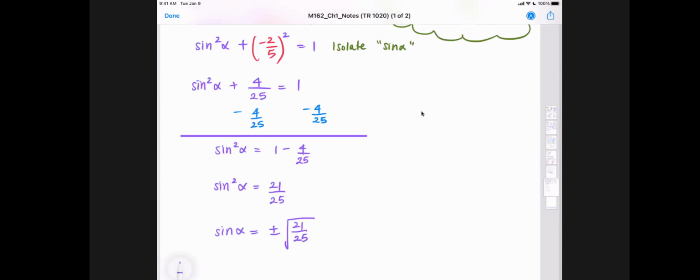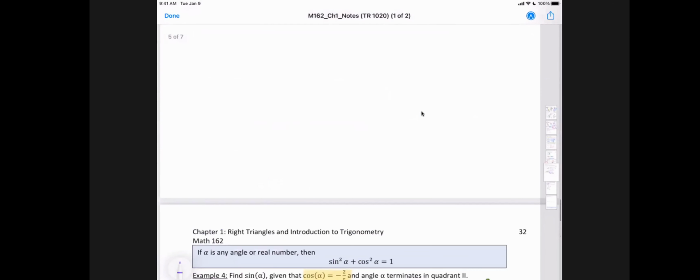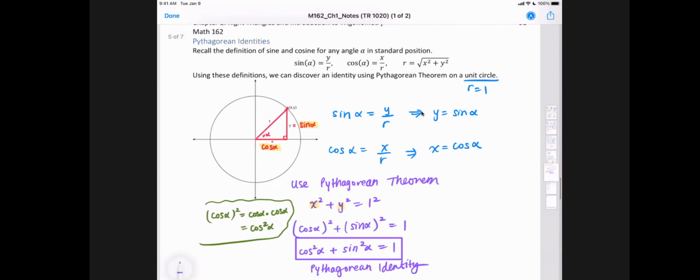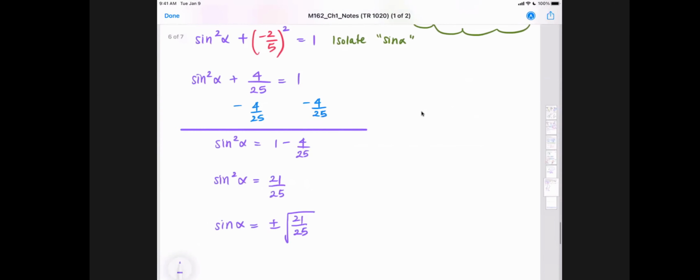Now because we're graphing things on the XY plane in standard position, where you can have negative values or positive values depending on the quadrant that you land on, we have to put the plus or minus. Just like if you had x squared is equal to 10, when you take the square root of both sides, you would say plus or minus the square root of 10.